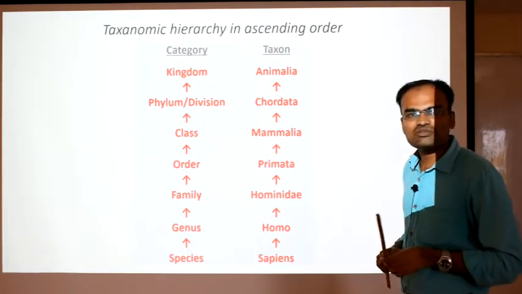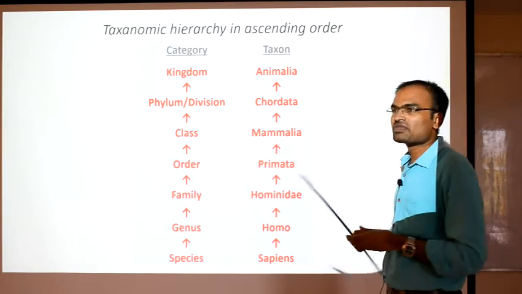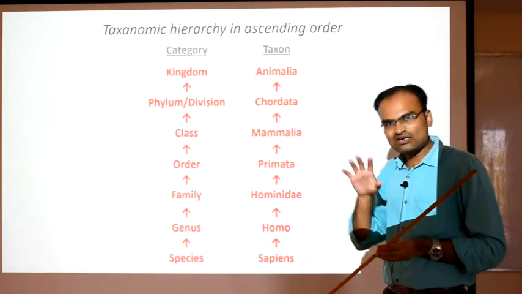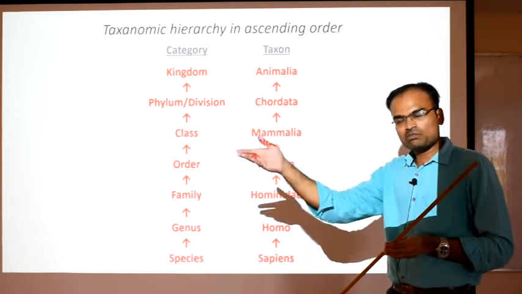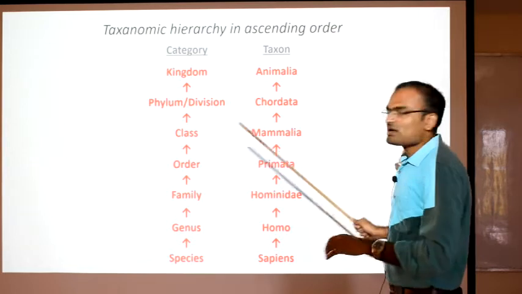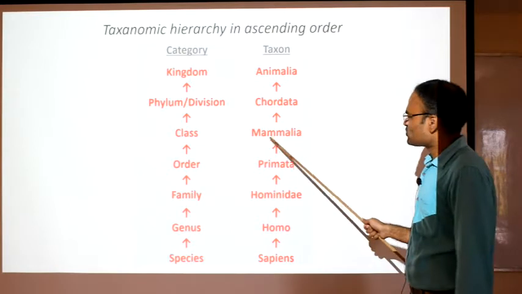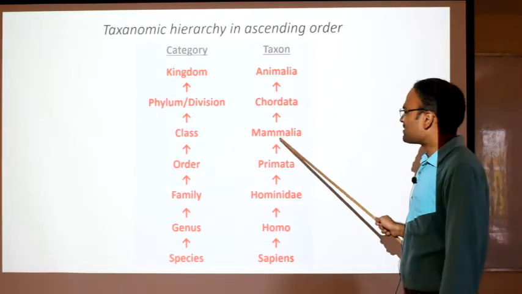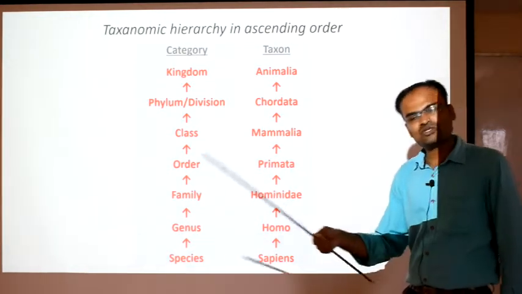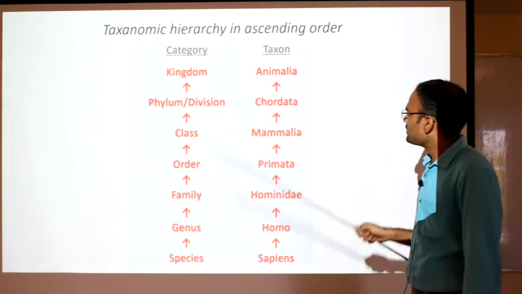This order Primata includes human beings, along with other human-like creatures like monkeys, gorillas, chimpanzees, gibbons and all. And we all belong to the class Mammalia. As in the previous slide, it is one taxon, Mammalia, isn't it? Mammalia means mammary gland possessing organisms which produce milk after the birth of the young one.